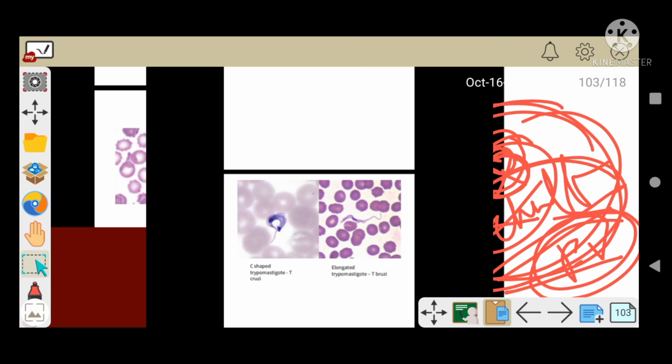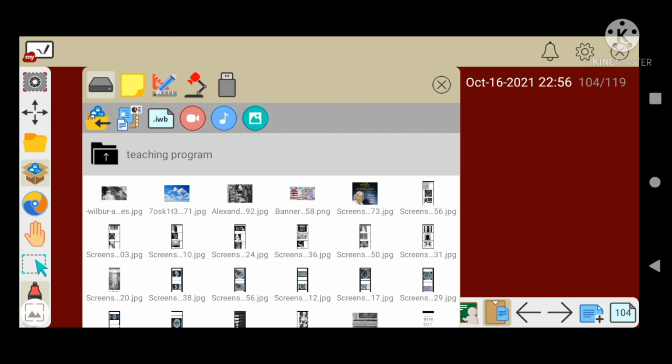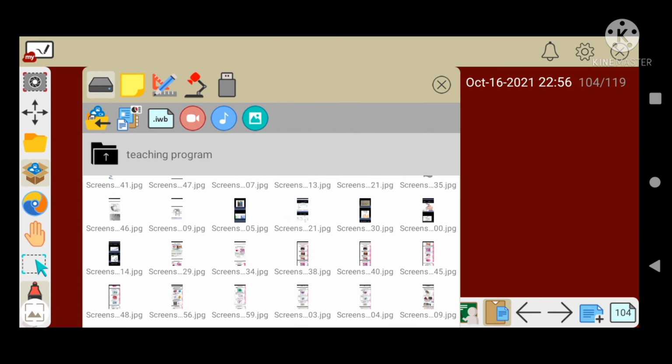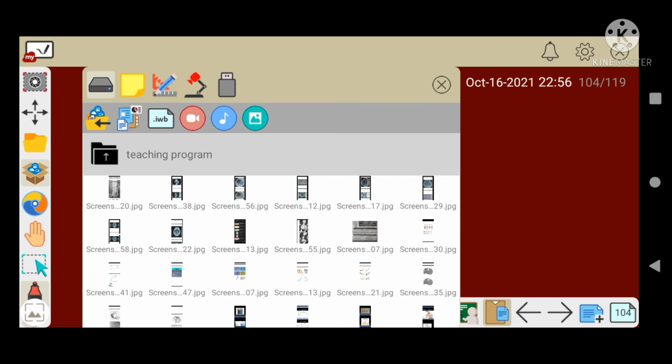So anything like this pattern, if you find, it is Trypanosoma, and mostly in tissues you will find the trypomastigote form. Just remember these points. I never saw that in any exams, but still you have to remember, by chance it comes.